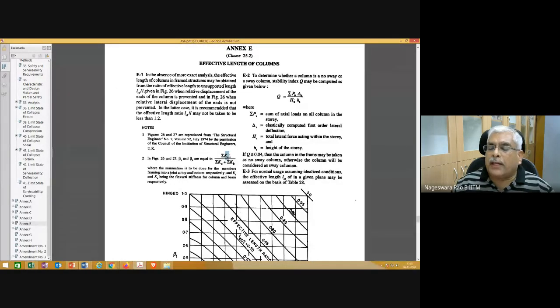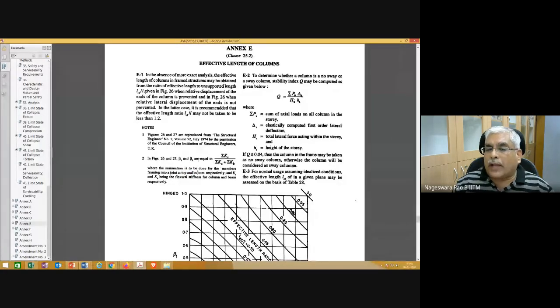Each end may have a different number of beams framing into it. So beta 1 is for the top of the column, and beta 2 is for the bottom of the column. And these two need not be the same.